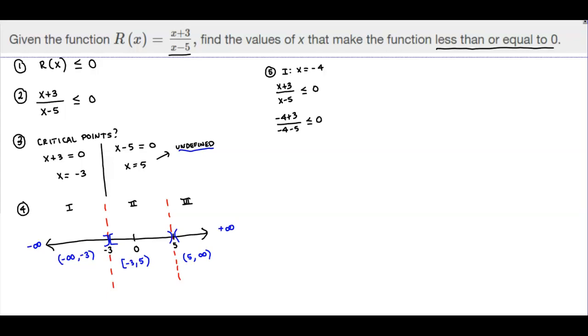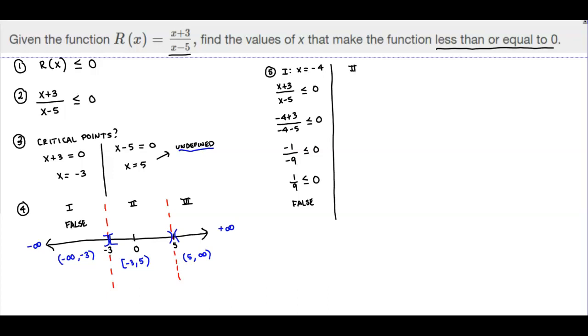Let's see if that's less than or equal to 0. Well, negative 4 plus 3 is negative 1. Negative 4 minus 5 is negative 9. If we divide a negative by a negative, it makes it positive. So is positive 1/9 less than or equal to 0? Well, that answer is false. So we know it's false for region 1.